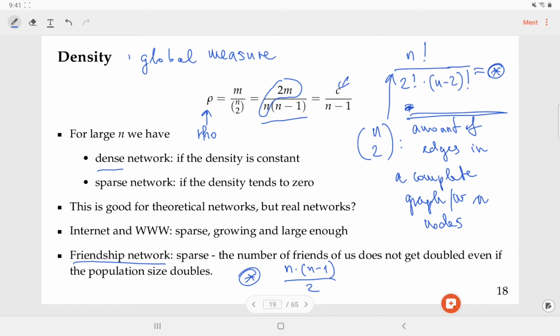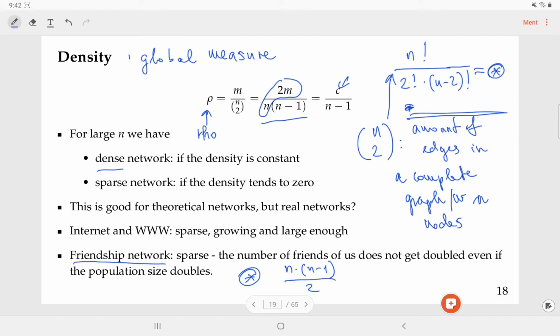Let's assume that there is a group of people, and we form the friendship network in it. So two people are connected if they are friends. And then let's say that some other people are joining this group. Then in most cases, what happens is that the number of friends doesn't change.